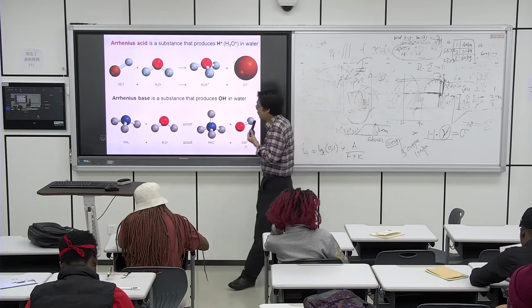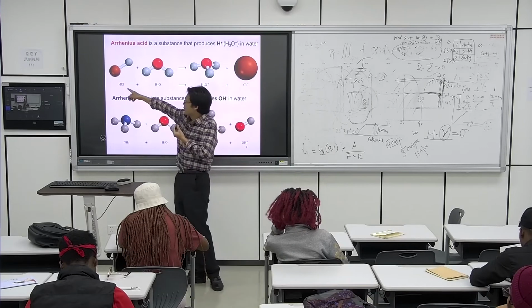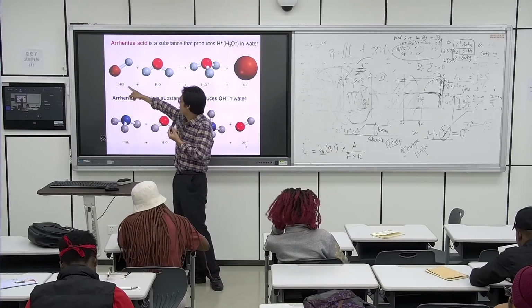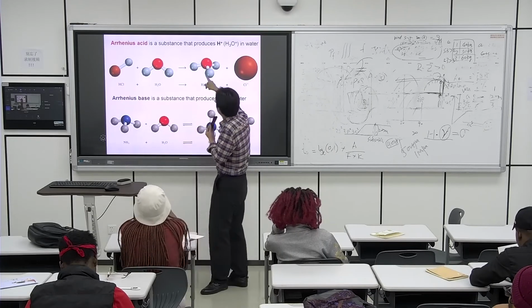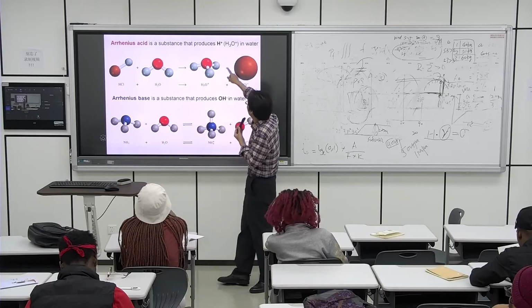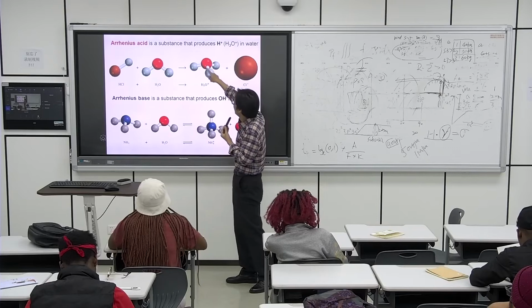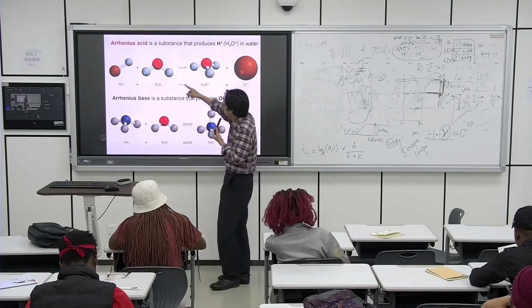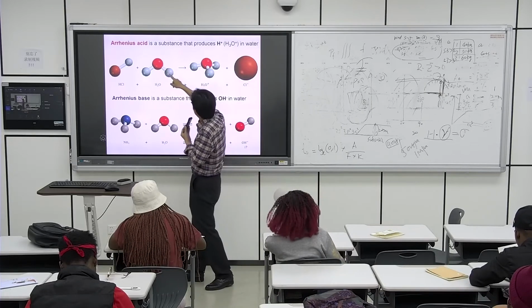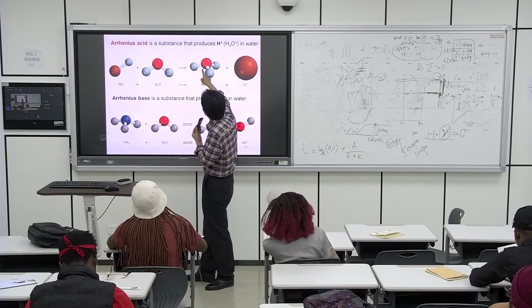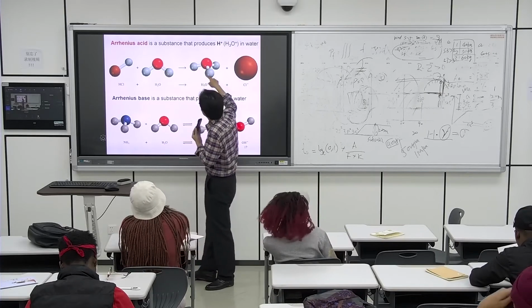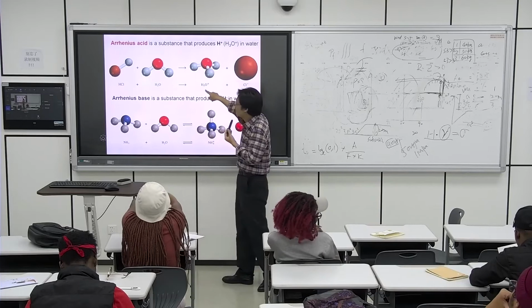So from here we can say HCl is an acid because it can release the proton, right? The proton's formation is like this. In here we can say this is water, right? And one hydrogen will combine with the water, so form this.